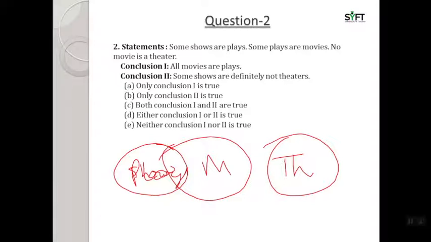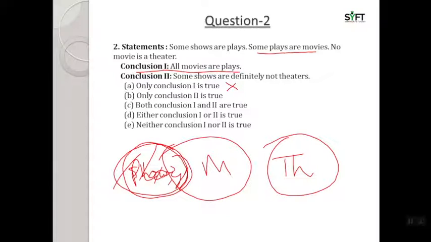So what conclusion can be drawn? Conclusion one says all movies are plays. But it says some plays are movies, so it cannot be that all plays are movies, because there might be some plays which are not movies. So that conclusion is not true.